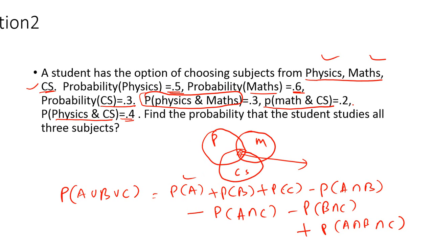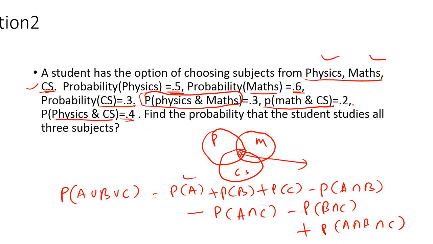P of A, P of B, P of C, which is 0.5, 0.6 and 0.3 respectively. We also have the probability of A intersection B, that means physics and maths, which is 0.3, and then A intersection C, which is 0.4, and B intersection C, maths and computer science, which is 0.2.